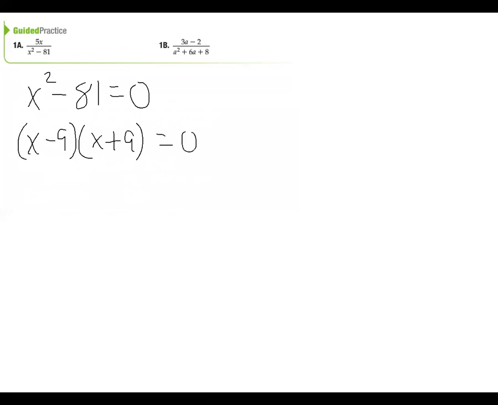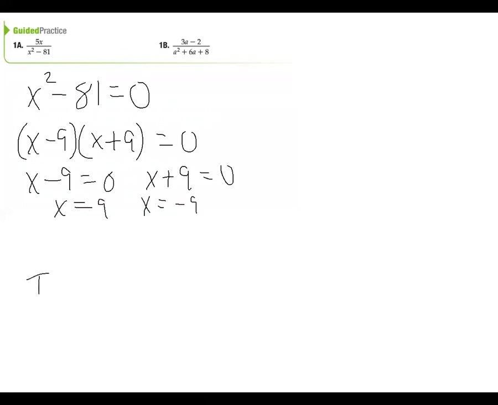Okay, we're back. So the first one, the excluded values occur when you have x squared minus 81 equals 0. And that's a difference of squares, and it could factor into x minus 9, x plus 9. Then you set each factor equal to 0. So you would get x equals 9, or x equals -9.